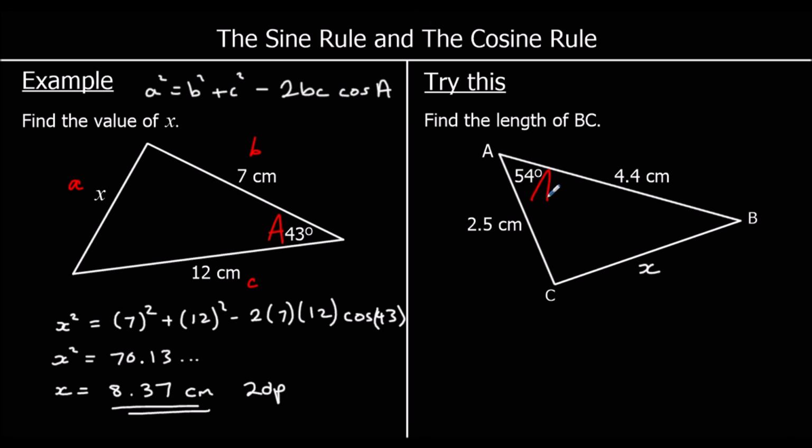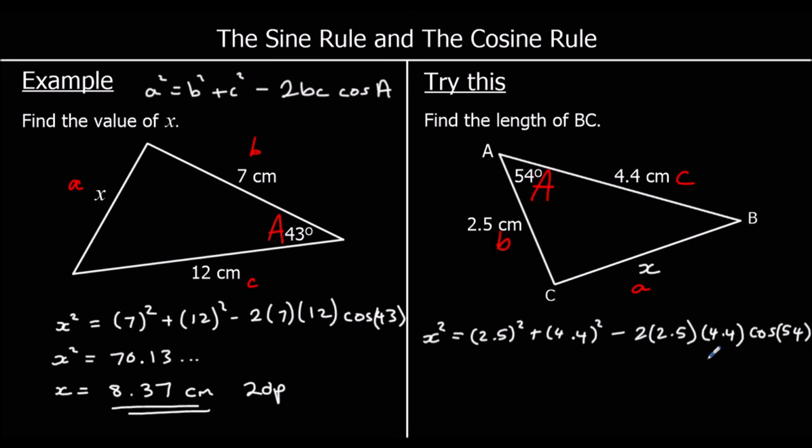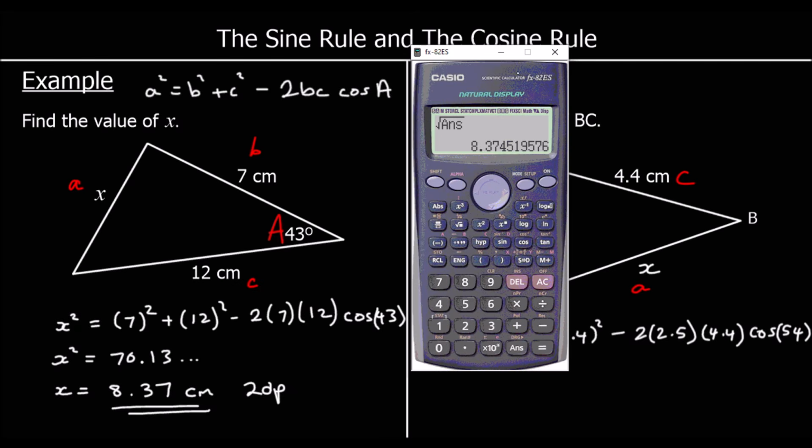So we're going to have big A as the angle, opposite big A is little a, and the other two, either way round, are called B and C. So substituting in, we've got x squared equals 2.5 squared plus 4.4 squared minus 2 times 2.5 times 4.4 cos 54. So type that into the calculator.